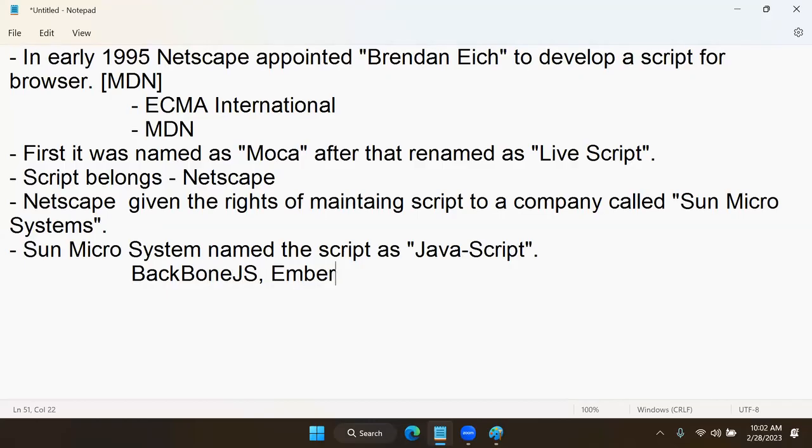They are using Ember.js, Vue.js, and Knockout.js, which was there before Angular and React came. Even today, several companies have job roles saying they need Backbone.js people, Knockout.js people, Vue.js people.